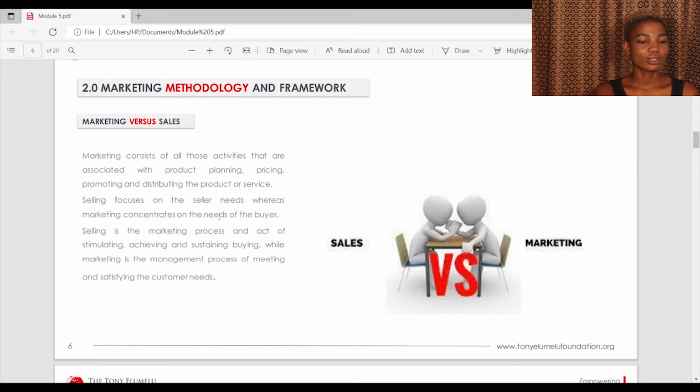Selling focuses on the seller's need, whereas marketing concentrates on the need of the buyer. Selling is the marketing process, an act of stimulating, achieving, sustaining buying, while marketing is the management process of meeting and satisfying the customer need.